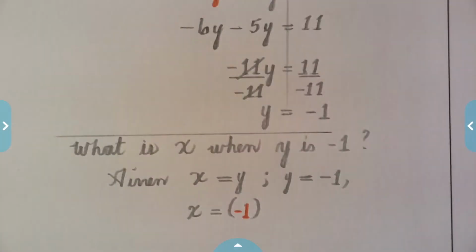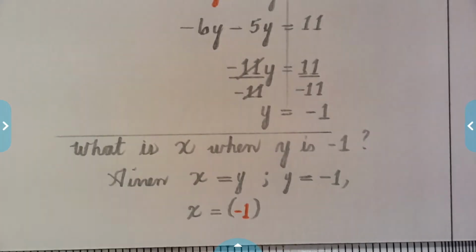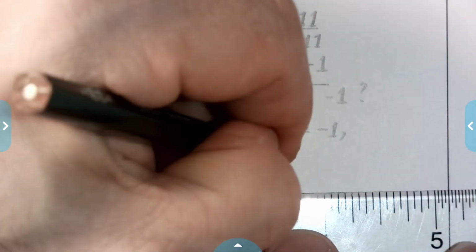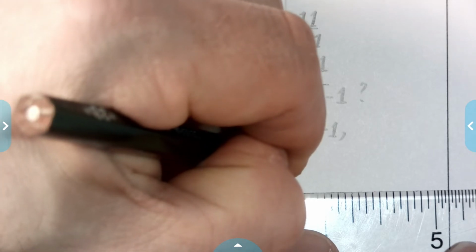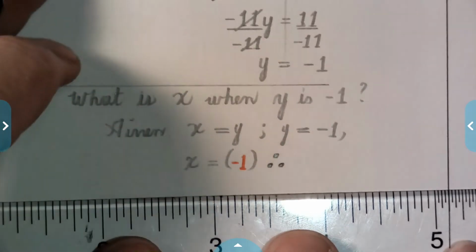Okay. Now I'm going to show you a new symbol. You should get used to this symbol. Therefore, so see those 3 dots? It means therefore.